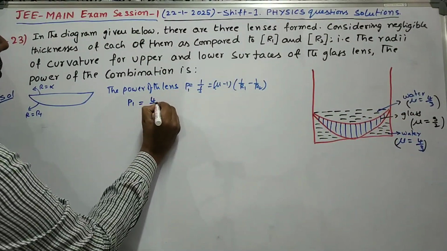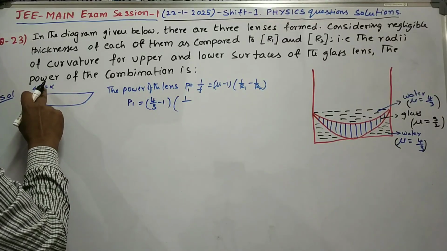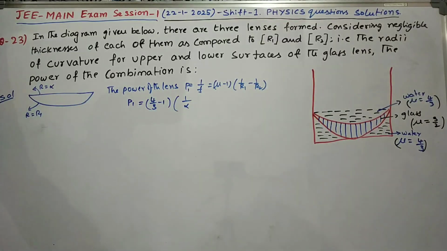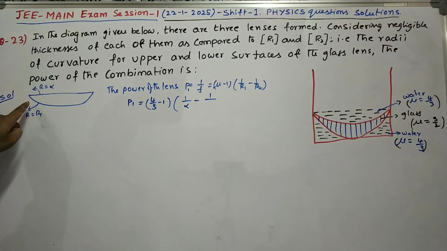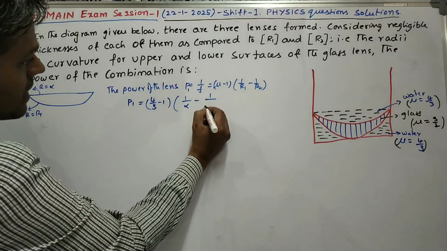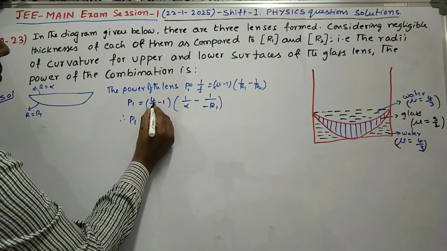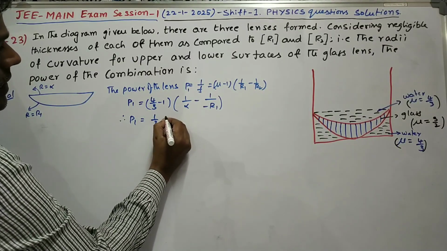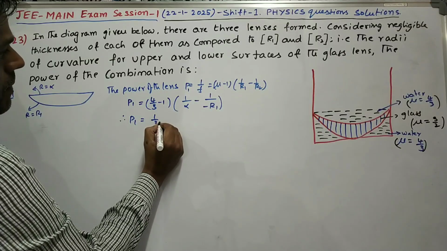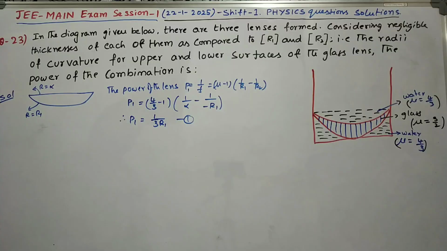That means 4 by 3 minus 1 into 1 by R1. R1 is equal to infinity, minus 1 by R2. R2 is R1, but this is the radius of curvature below the reference axis, so it is minus R1. Therefore, P1 is equal to 4 minus 3, 1 by 3, that means 1 by 3 into minus minus plus, that means 1 by 3 R1. This is 1.